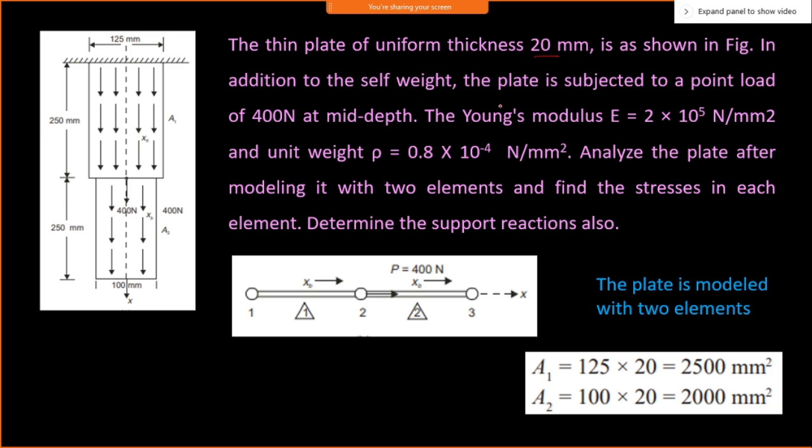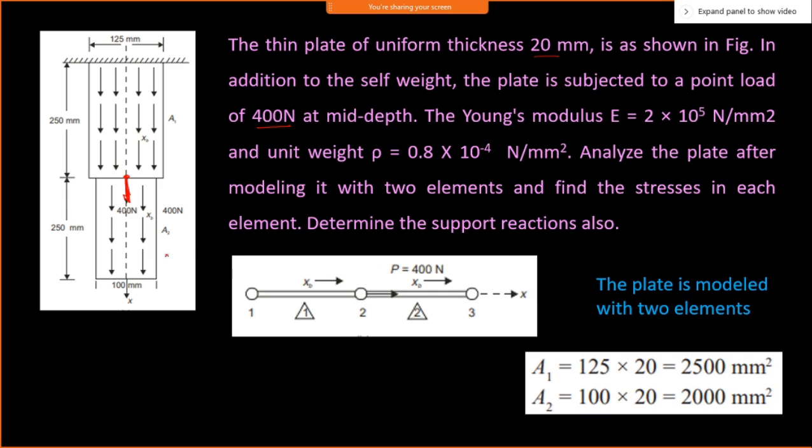That also we are going to take into account. The plate is subjected to a point load of 400 Newton, and here it is applied. Young's modulus and unit weight are given. Analyze the plate after modeling it with two elements. Find stresses in the elements and reactions, etc.